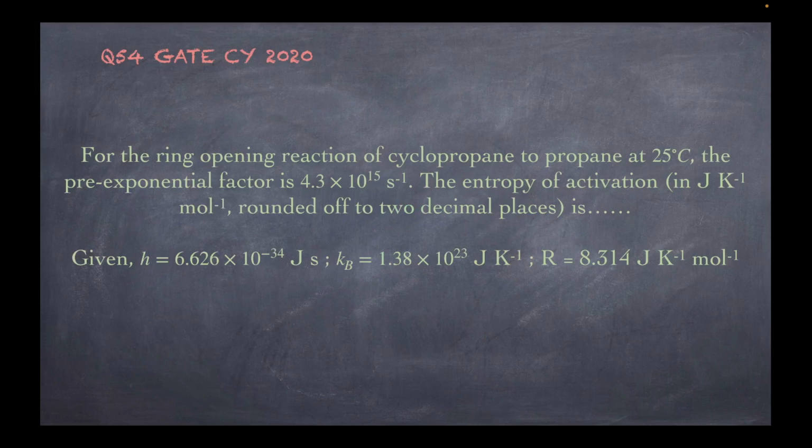Question 54 says, for the ring opening reaction of cyclopropane to propane at 25 degrees centigrade, that means room temperature, the pre-exponential factor is given, which is 4.3 times 10 to the power 15 second inverse. Look at the unit carefully. The unit of the pre-exponential factor is second inverse, that means in general it is 1 upon time.